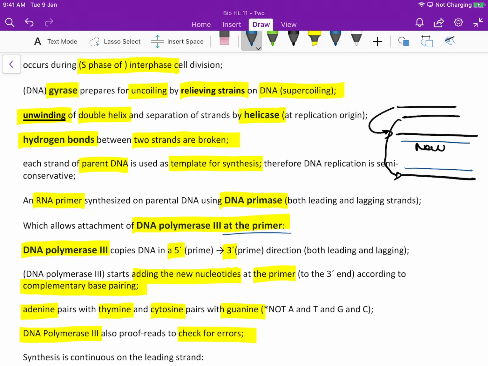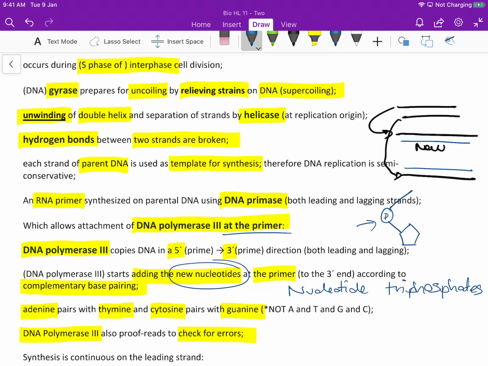Now, one thing to mention here, which is a really high-level thing, is that the new nucleotides are nucleotide triphosphates. So a nucleotide, when it's added into DNA, has only 1 phosphate linked to the next nucleotide, the deoxyribose sugar, and the nitrogenous base.